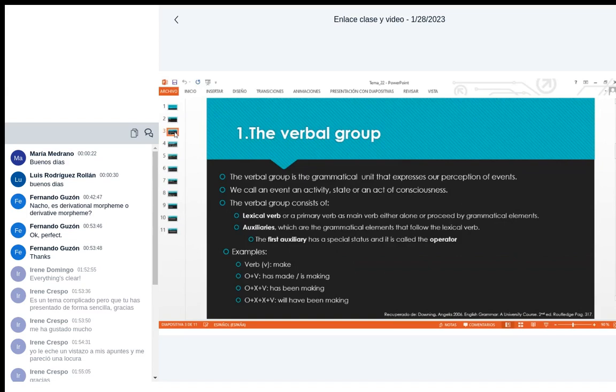Now the verbal group allows the speaker to express an event or an activity or even an act of consciousness.